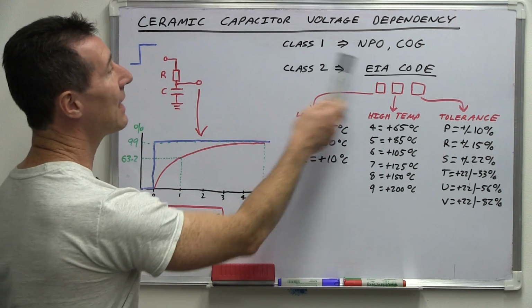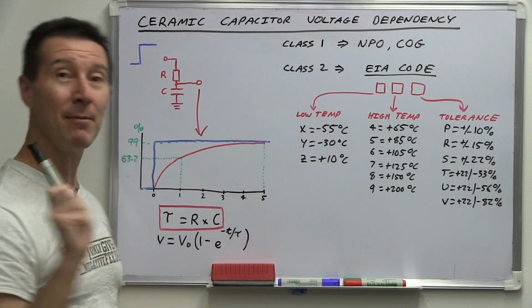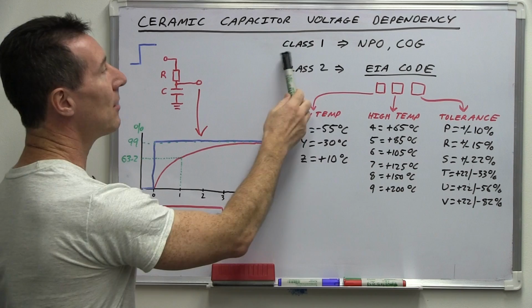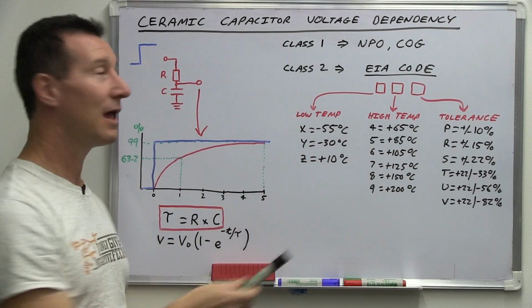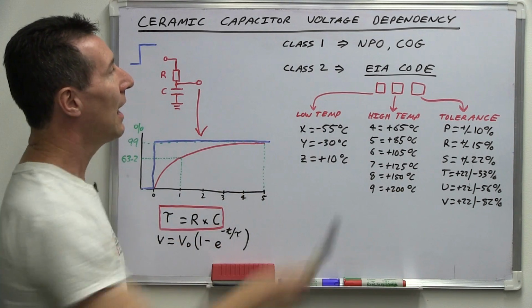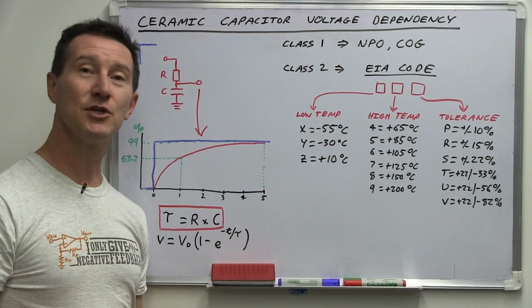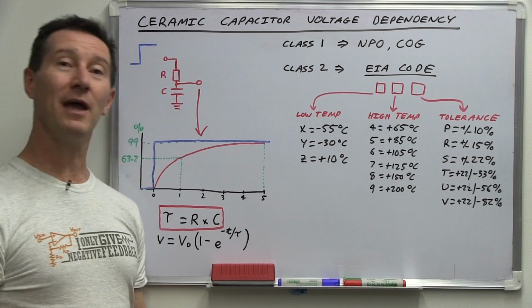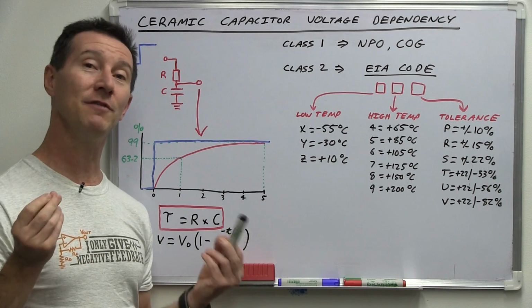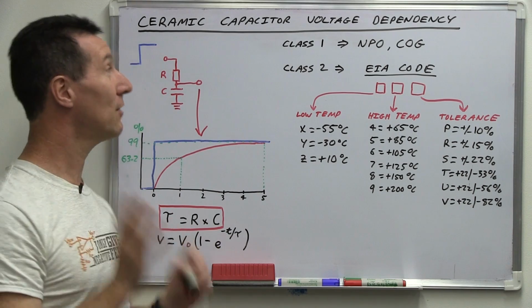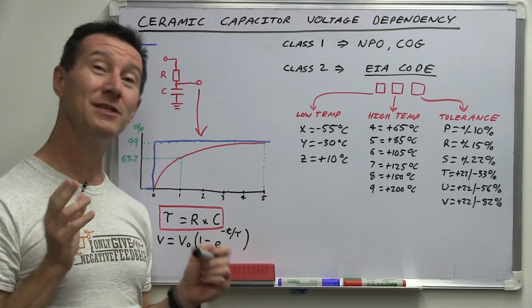And if we take a look at some typical ceramic capacitors, we're only talking about ceramic capacitors here, then they're basically divided into several classes. Class 1 capacitors are your NPO and your COG type, and a couple of more obscure ones that you've probably heard of, and as you might know, they are actually very stable capacitances with temperature. Okay, so once you've actually measured them, then they stay pretty stable.